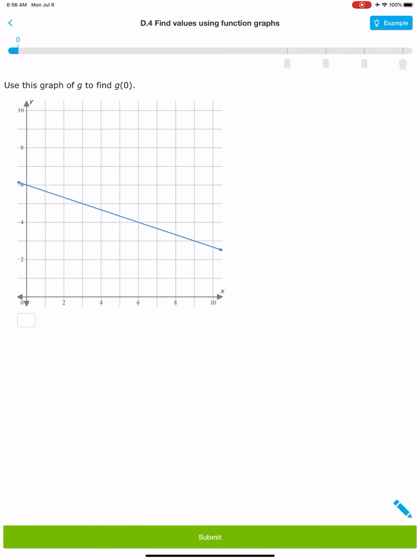D4. Use the graph to find g of 0. So g of x, or f of x, g of x, h of x. These are all just different ways of writing it. They all mean the same thing, okay, guys? What they all have in common is what's in the parentheses, this is our x.